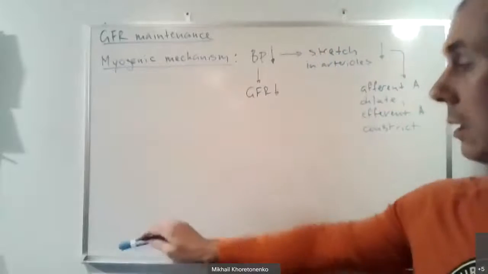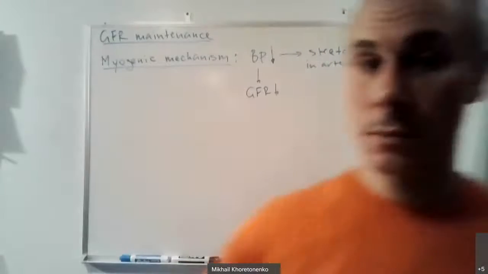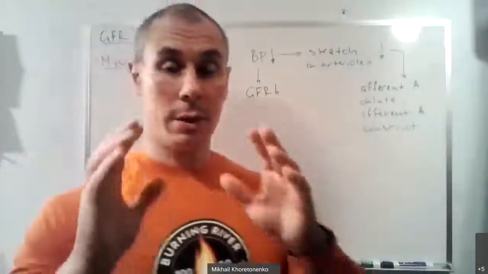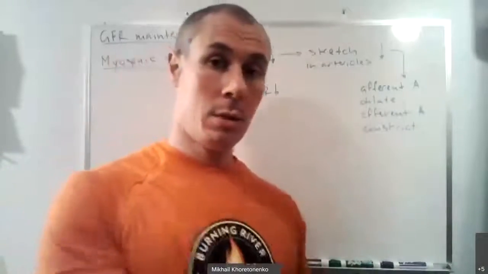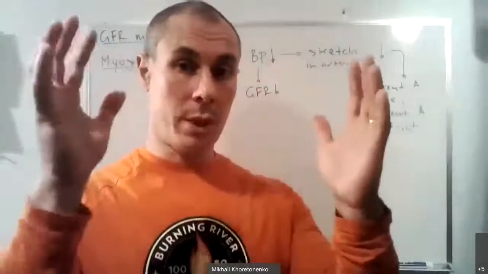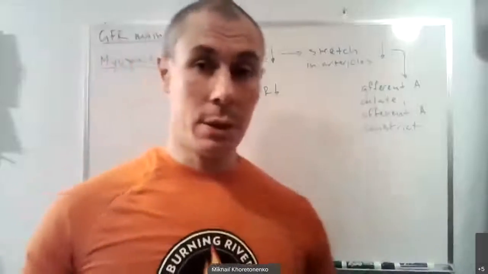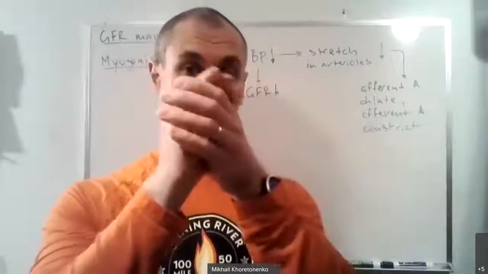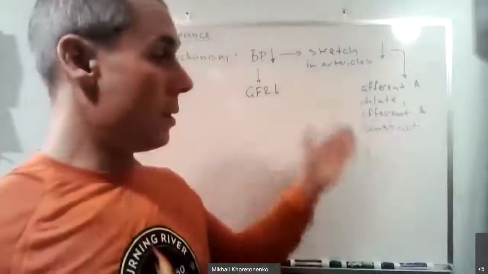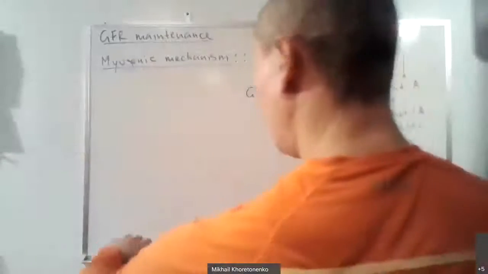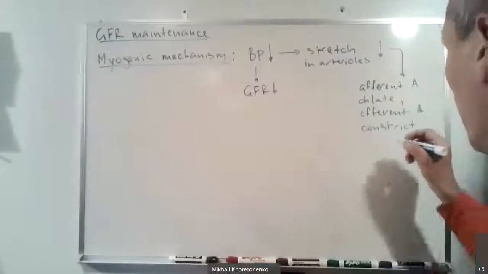So imagine that the arterioles going into the glomerulus become bigger. Arterioles that drain the glomerulus become smaller. This will increase blood flow to the glomerulus.